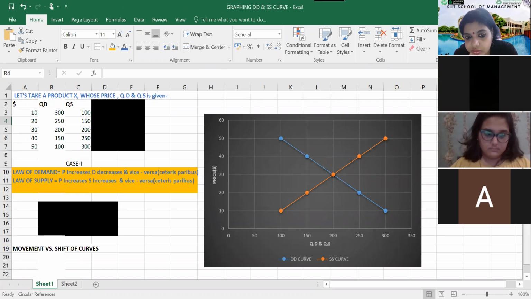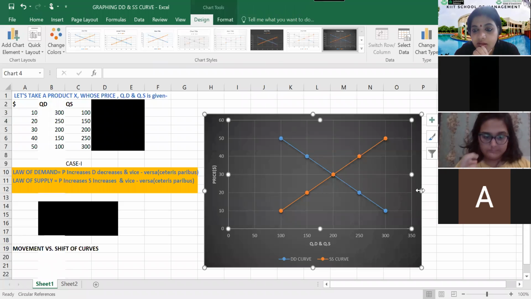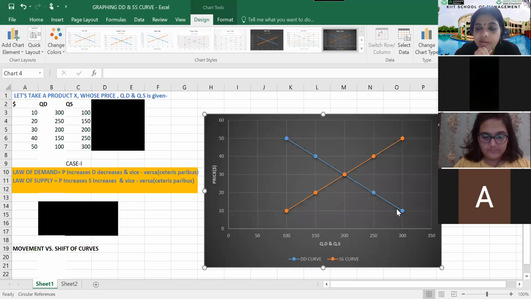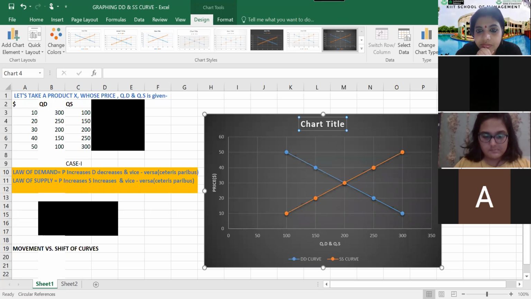At some level, demand is equal to supply. Yes. At some level, demand is equal to supply. So what is that level? Can you tell? You can very well see the graph. So what is the level at which demand is equal to supply? 200.